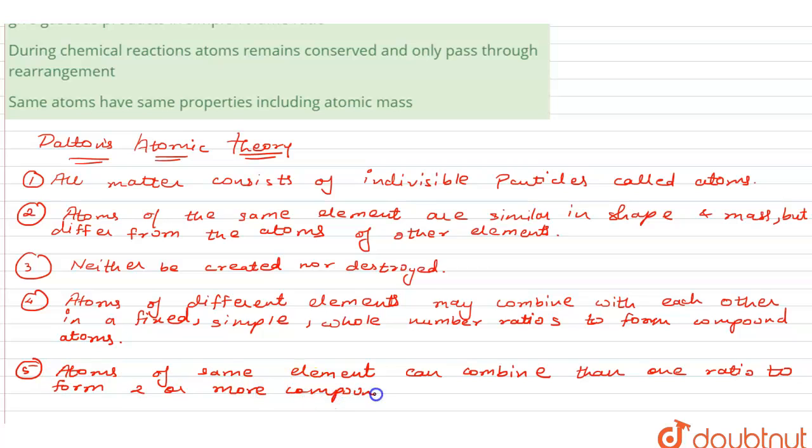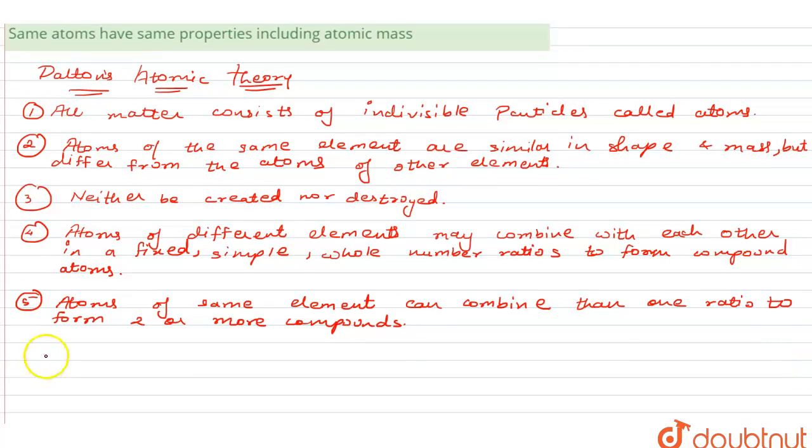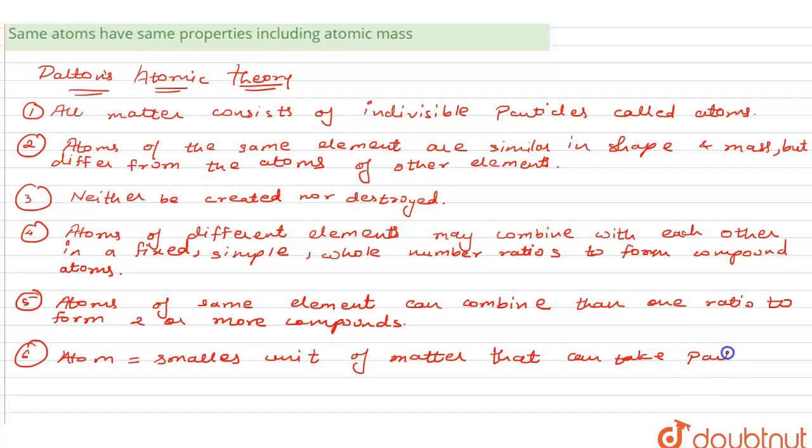And there is one more postulate, the sixth one, wherein an atom is the smallest unit of matter that can take part in a chemical reaction. Now, done with all these postulates, let us analyze our given options.